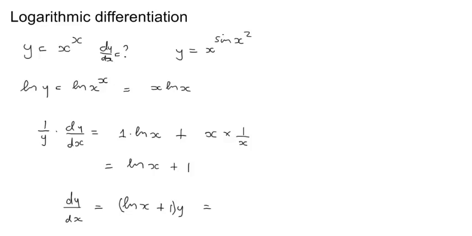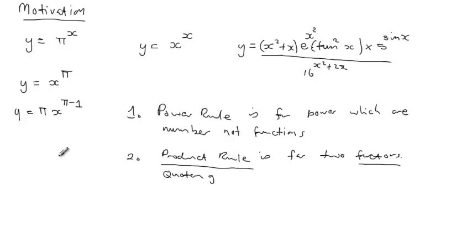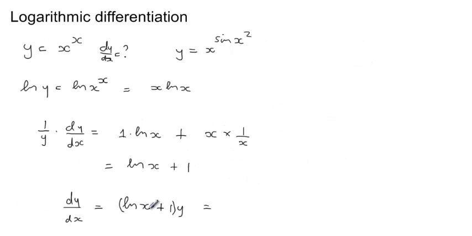According to my understanding of the word cumbersome, if y was something like this, I wouldn't write it there. I will just leave my answer as ln x plus 1 multiplied by y, and assume that the marker knows y. But if it's a simple y, easy to handle, easy to look at, not cumbersome, I can write this now like this.